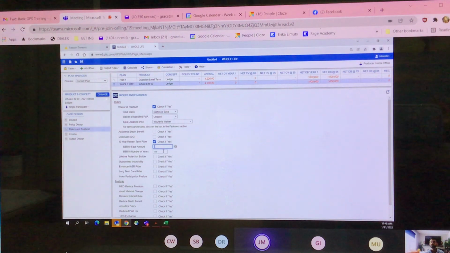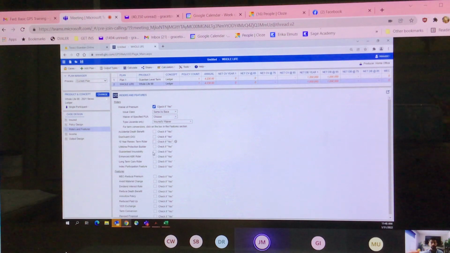It is convertible for 10 years. This is a nice option if we have a short-term liability that we may want to cover for pretty inexpensively, or we want super inexpensive term insurance to be able to convert within 10 years. That would be the option there.